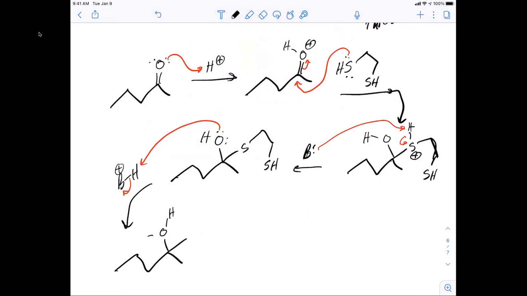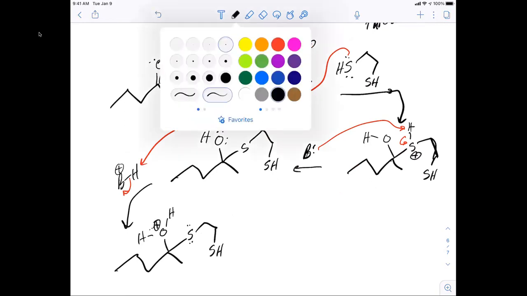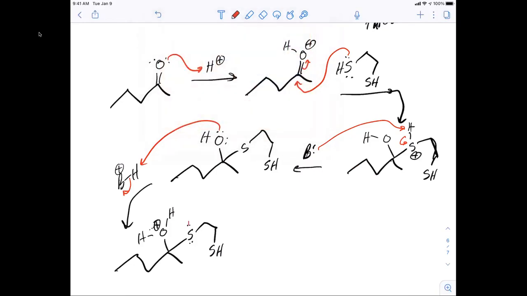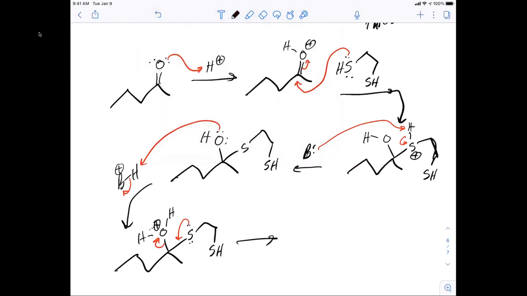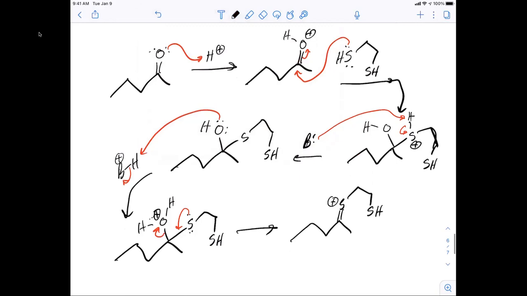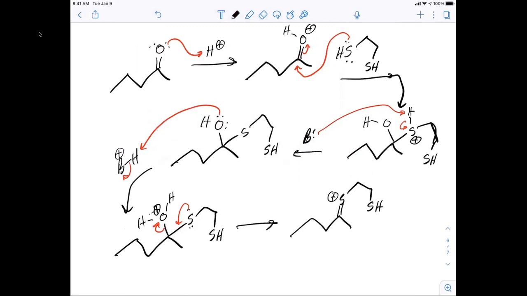That gives us a good leaving group. Lone pair comes down, kicks off the oxygen. So we've got loss of the leaving group.